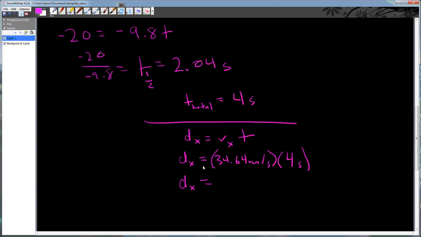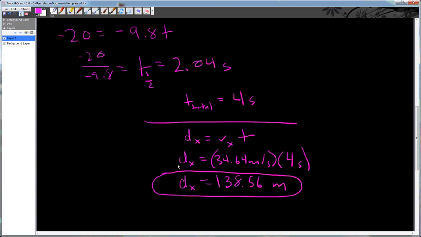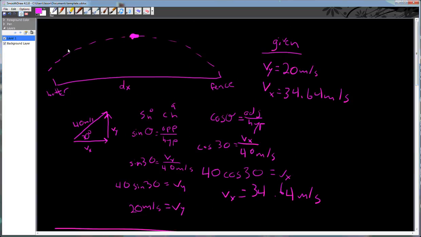It's going to be 138.56. It's meters divided by seconds times seconds. The seconds cancel out. We get meters, which makes sense. That's what we're looking for. How far away was the outfield wall? 138.56 meters. That's how far this ball traveled in this entire trajectory. And assuming that it just got over the fence, that's how far away the fence is from home plate where the batter is standing.